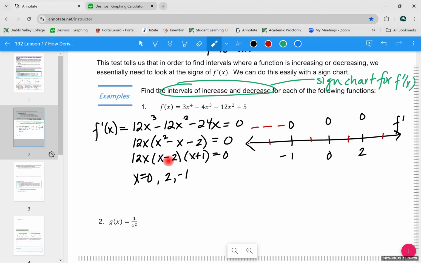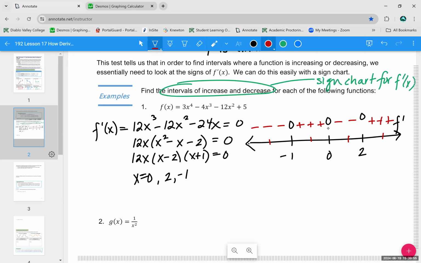That's going to be a negative, still a negative, and now a positive. So negative times a positive is positive. Keep going. Plug in something between 0 and 2, like a 1: positive, negative, positive. And finally, something bigger than 2, like a 5: positive, positive, positive.